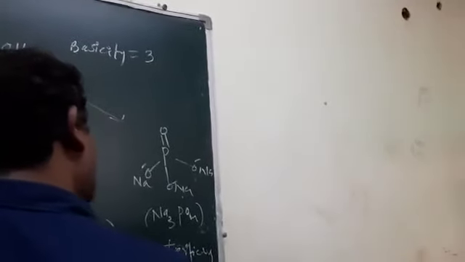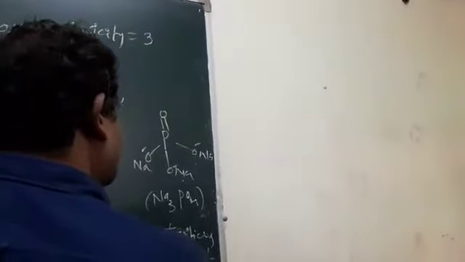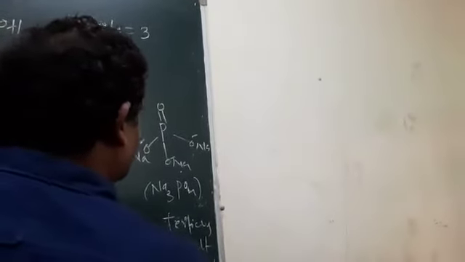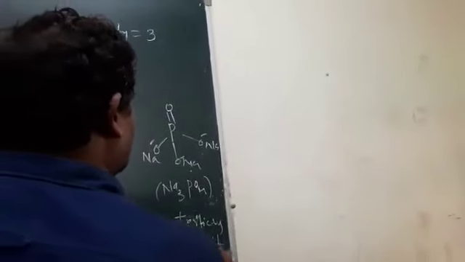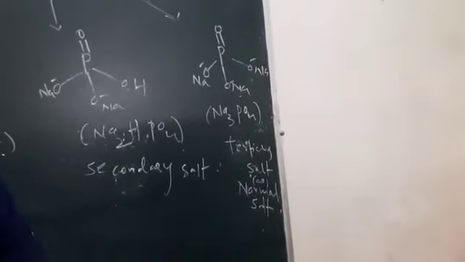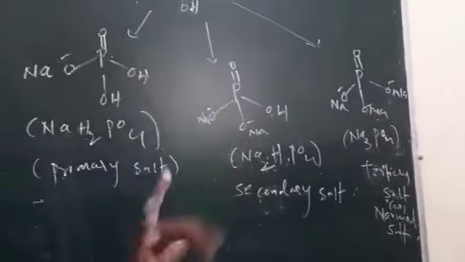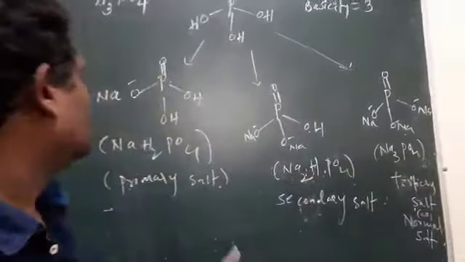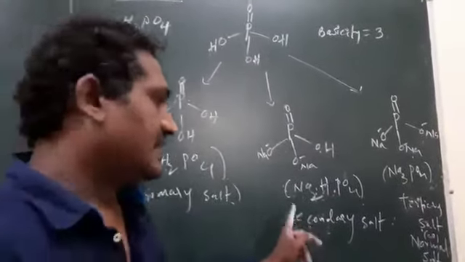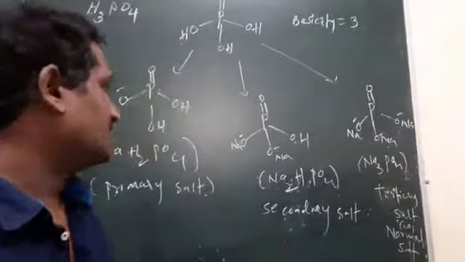This is also called normal salt. Tertiary salt or normal salt, that means there is no hydrogen, there are no OH groups. So phosphoric acid forms three types of salts: primary salt, secondary salt, and tertiary salt.